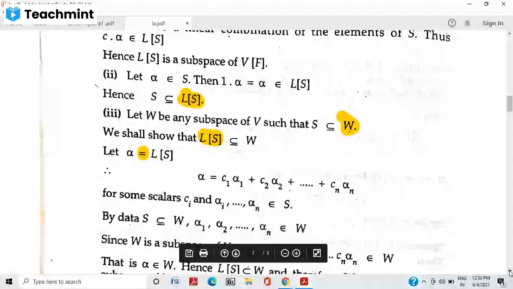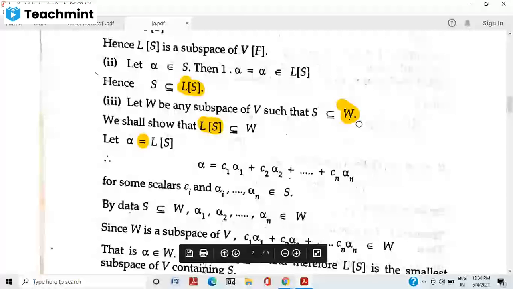But what have we assumed? S is contained in W, where all these alpha 1, alpha 2, etc., alpha n belong to S. S contained in W means all these vectors belong to W.